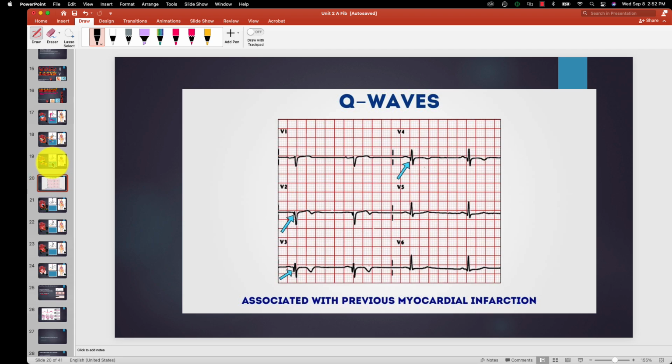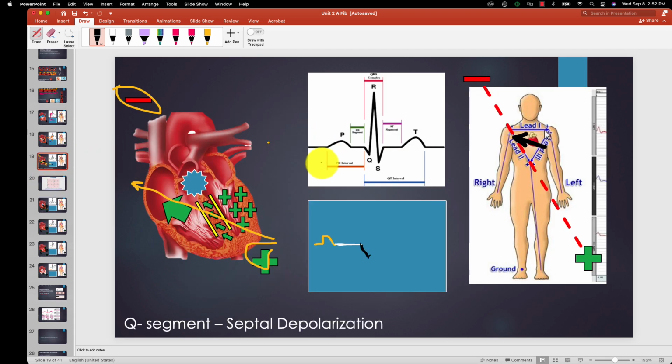And the reason being is because, as I said, if there's a problem up here with the SA node, and the SA node is firing, and it's constantly communicating with the AV node, and the AV node is trying to pause, but it's like, hey, I can't pause because you keep sending erratic signals to me. I'm just going to fire.